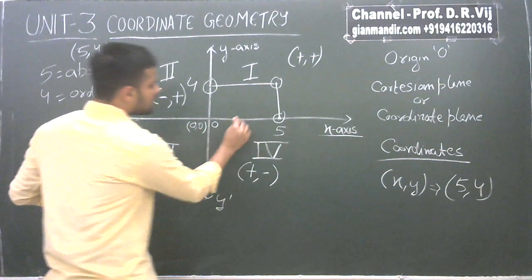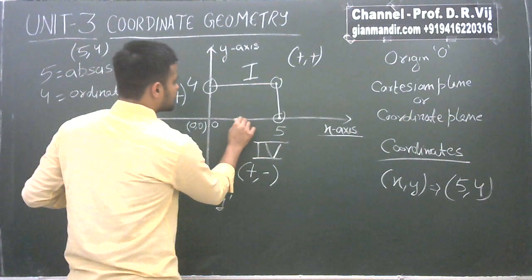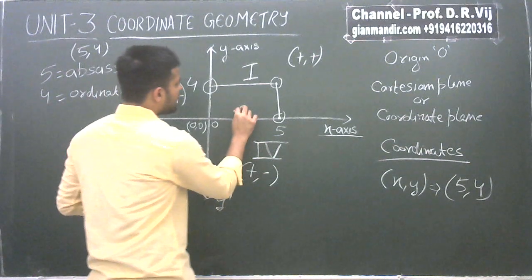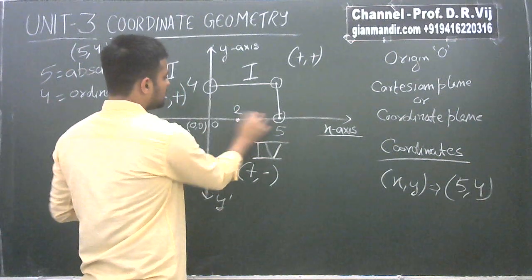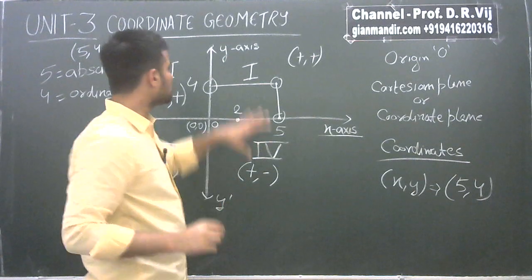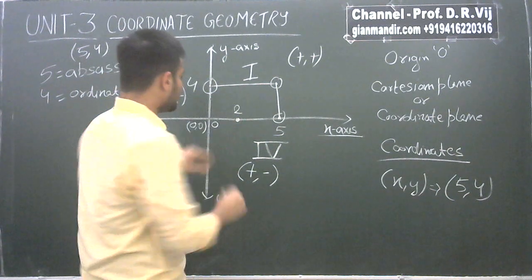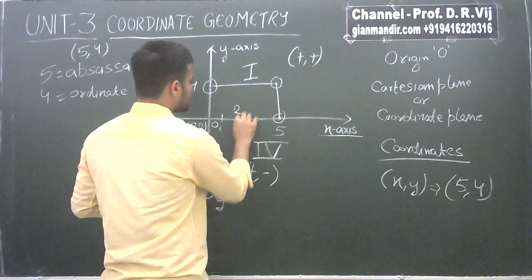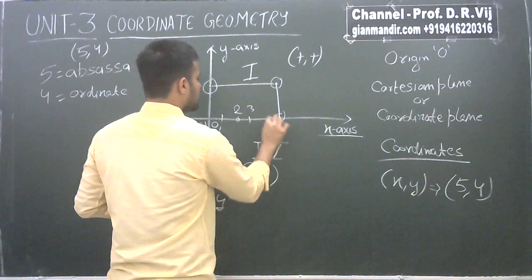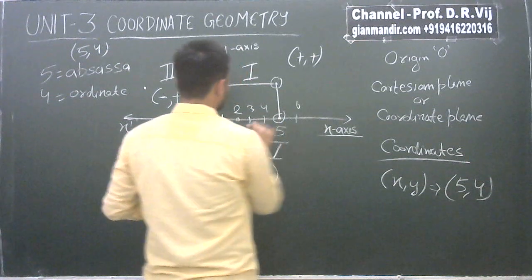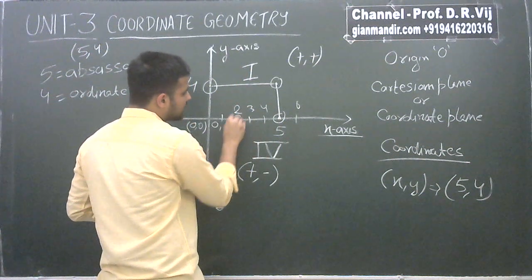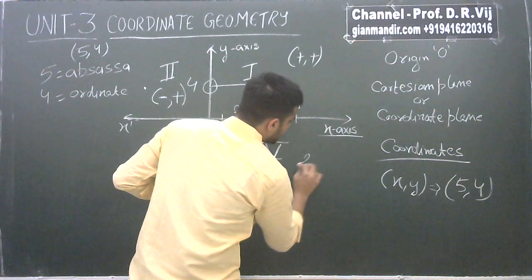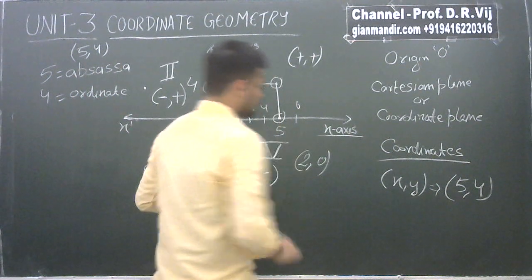And if there is a point on x-axis, then what will be the coordinates? Let's suppose this point is 2 here. You would need a graph for this. So if you see on a graph, the points are 1, this is 2, this is 3, this is 4. If you want to know the coordinates of this point, it is lying on x-axis, so the coordinates will be (2, 0).